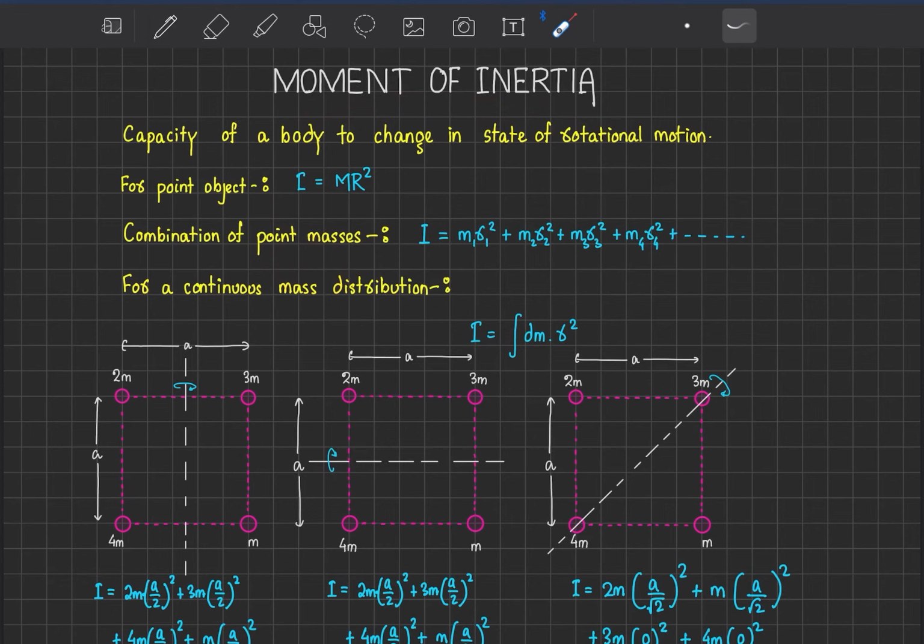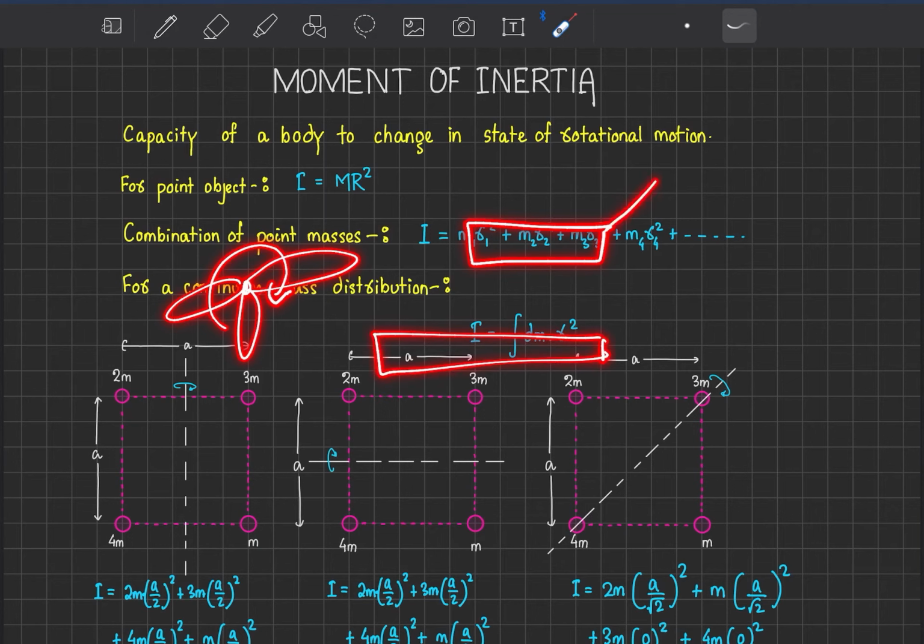Let us say we talk about a fan, and we want to rotate the fan. If the fan's blades are made larger than the original fan, then it will be difficult to rotate, it cannot be rotated easily, because its moment of inertia is changing.